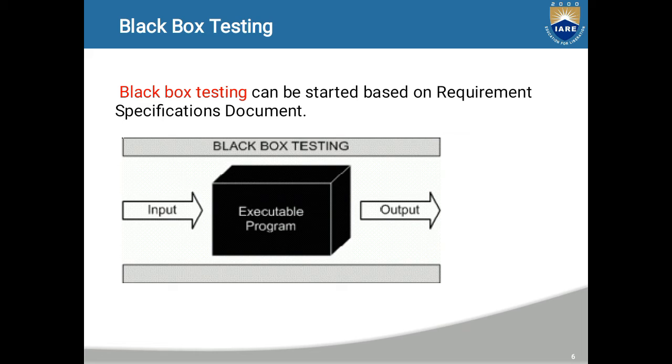Typical black box test design techniques include decision table testing, all-pairs testing, equivalence partitioning, boundary value analysis, cause-effect graph, error guessing, state transition testing, use case testing, user story testing, domain analysis, syntax testing, and combining techniques.